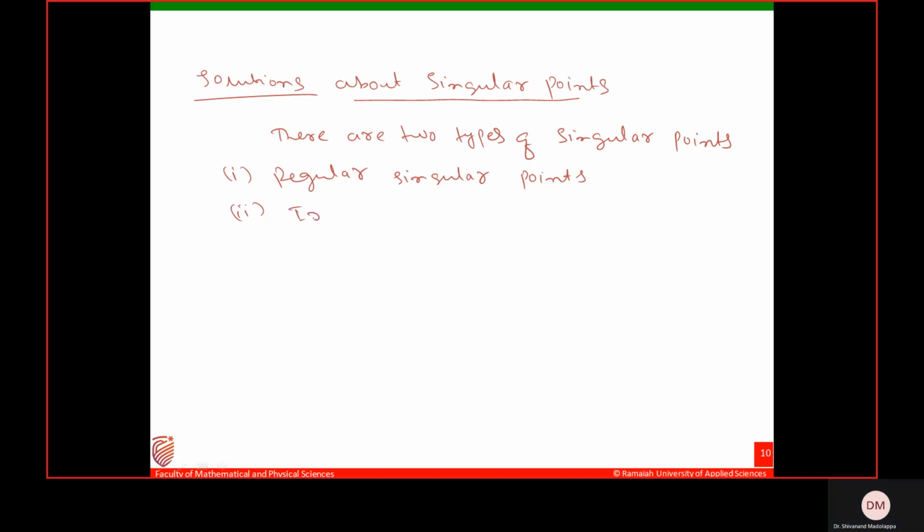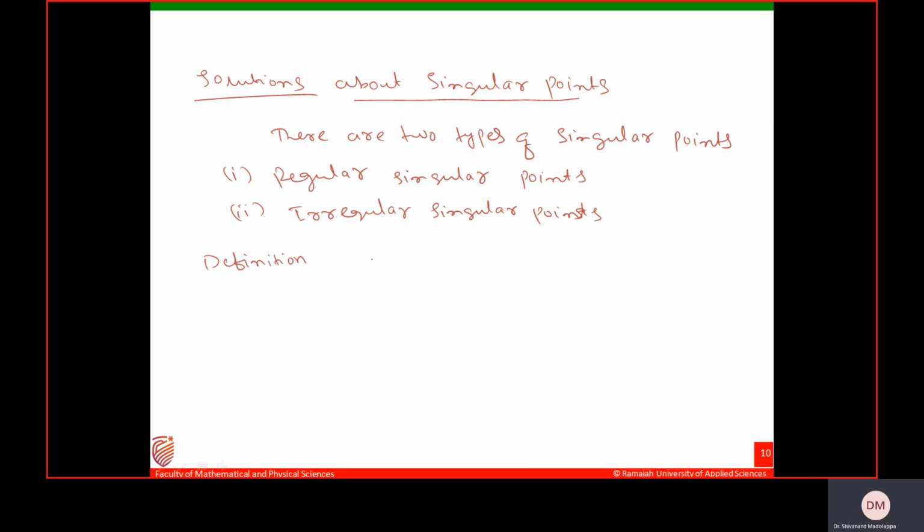We will first define what is meant by a regular singular point, then irregular singular points. If a differential equation is given, how do you find whether it is a regular singular point or an irregular singular point?